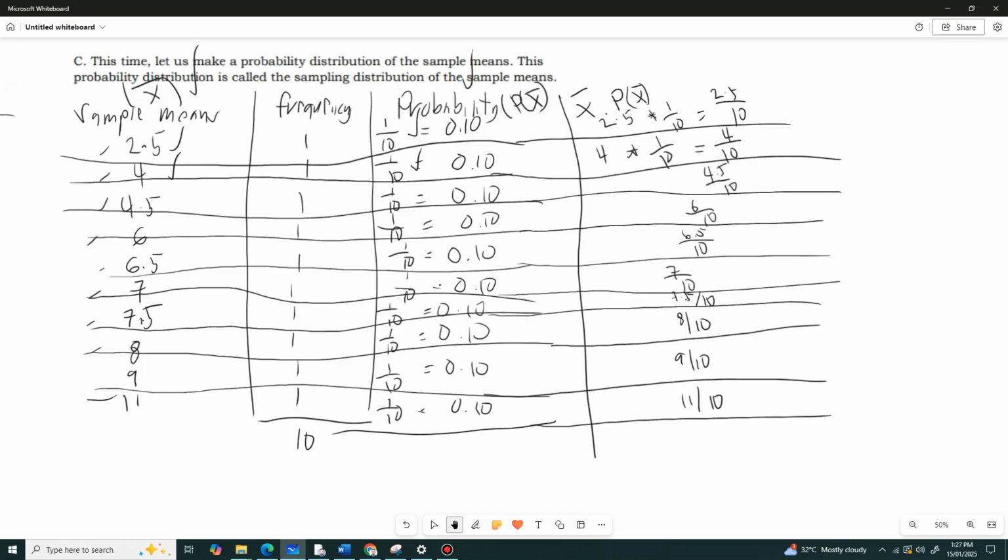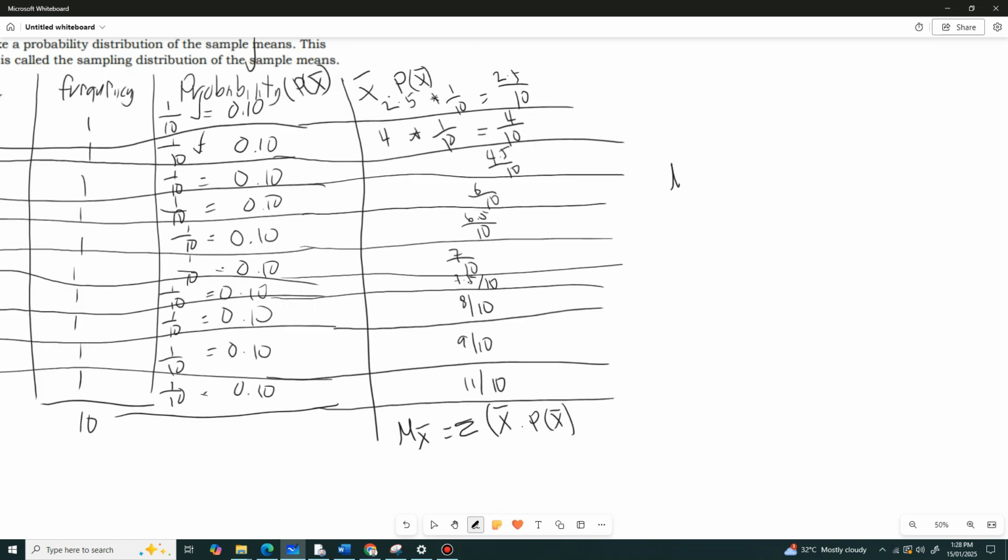To find the mean of the sampling distribution of the sample means, which is also called the expected value, the formula is the summation of the product of x bar times p of x bar.